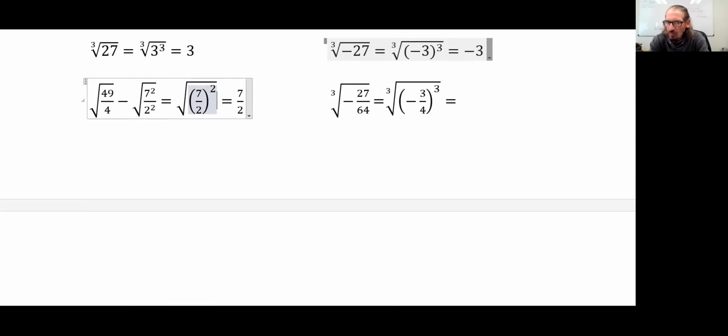Then taking the square root is going to cancel that out. And no absolute value needed there, although it is occurring, but that's 7/2 already positive. So the absolute value of 7/2 is 7/2. Here with this odd index 3, the cubing is going to cancel out and we'll get negative 3/4. Notice that 3 cubed is 27 and 4 cubed is 64. So it's a similar kind of rewrite to what's going on right there.